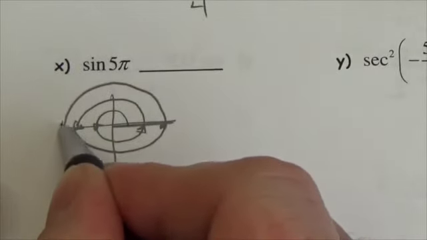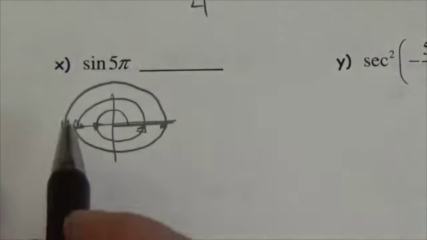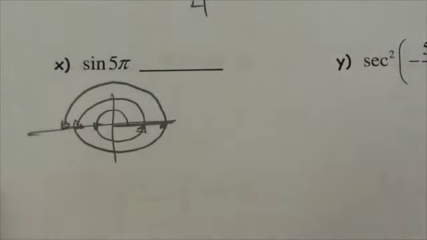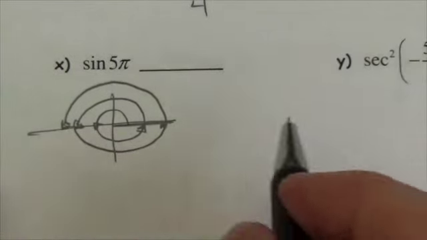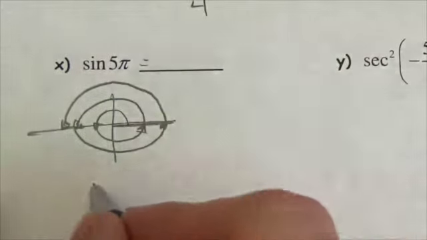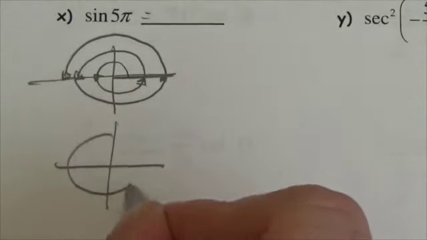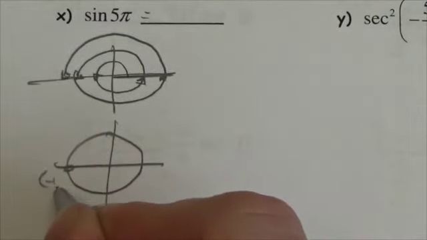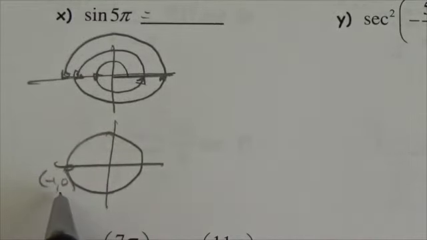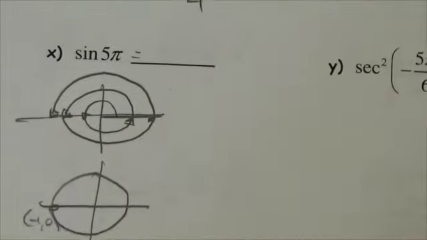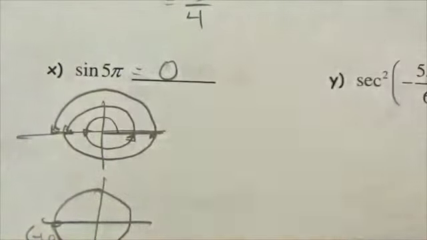This is 5 pi. Notice that that leaves us on the x-axis, but on the negative x-axis. On the unit circle, this is the point negative 1, 0. Sine is associated with the y coordinate, so the sine of 5 pi would be 0.